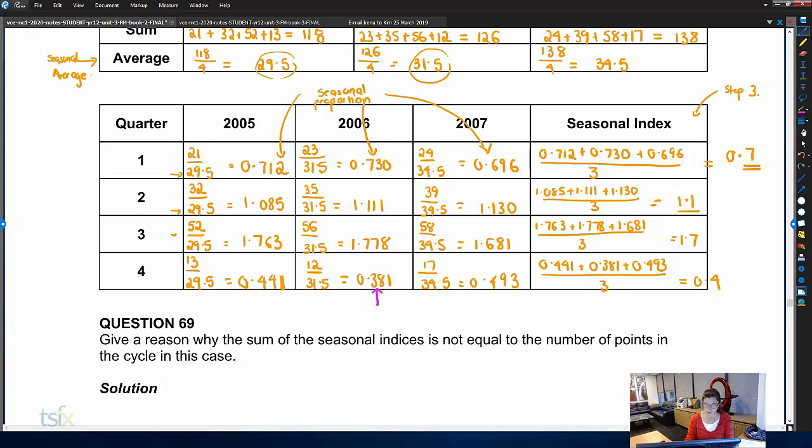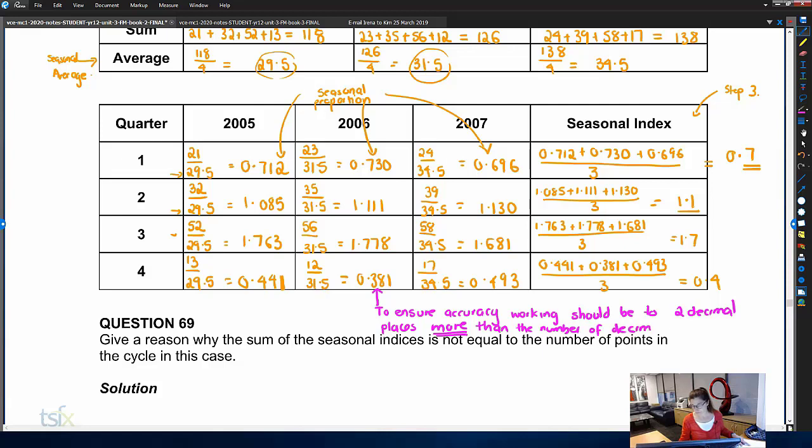To ensure accuracy, working should always be to 2 decimal places more, as a rule of thumb, than the number of decimal places asked for in the question.